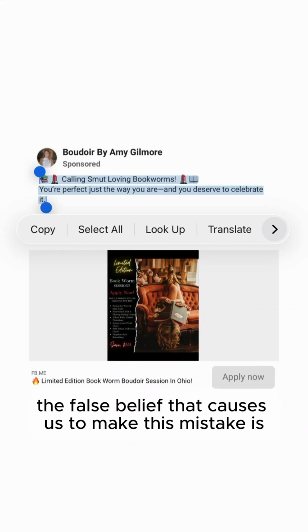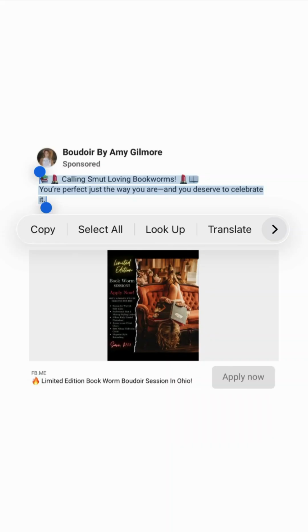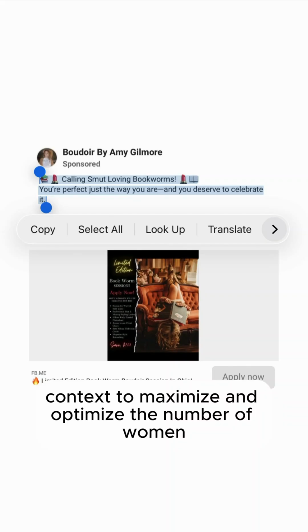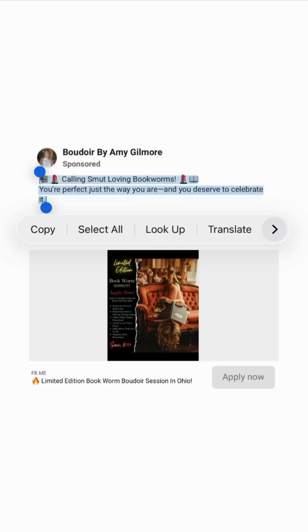The false belief that caused us to make this mistake is we believe we provide enough context to maximize and optimize the number of women, and the right number of women, coming through our ad, but we didn't do that.